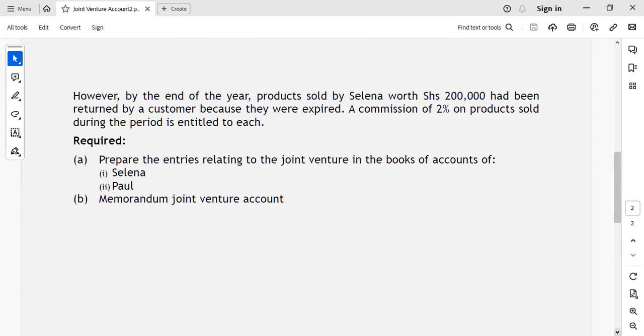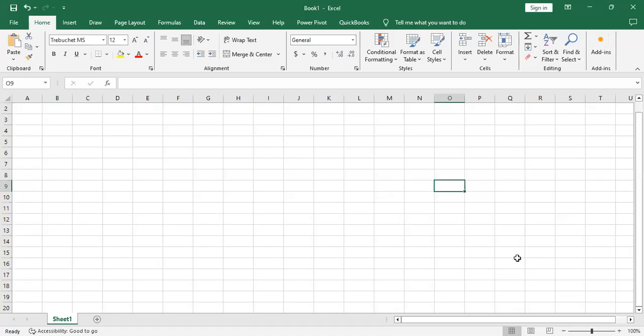We have the books of Selena and the books of Paul. So in the first part of the question, we prepare what we call a joint venture account in the books of Selena and in the books of Paul. Let's see how we can do this.